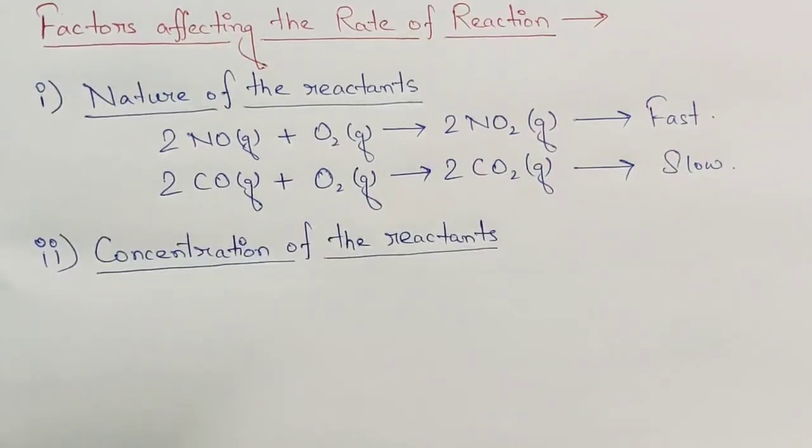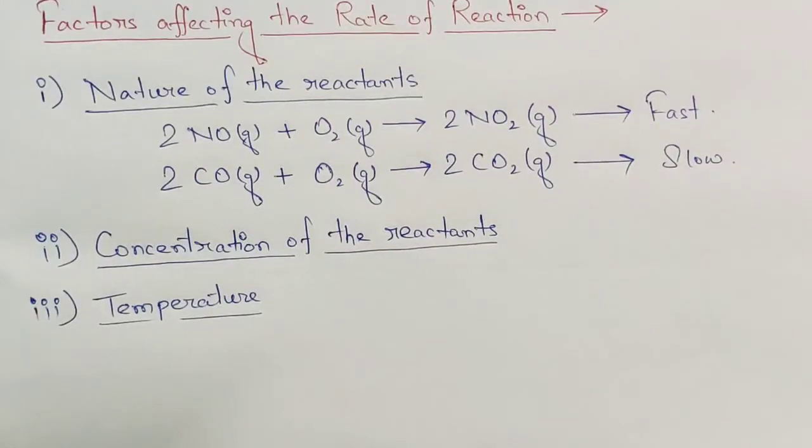For a reaction to proceed, we need a certain concentration of the reactants. The greater the concentration of the reactants, the faster is the rate. And conversely, if the concentration of the reactant decreases, then the rate of reaction will also decrease. So concentration of reactant is an important factor that affects the rate of reaction. Another factor is the temperature.